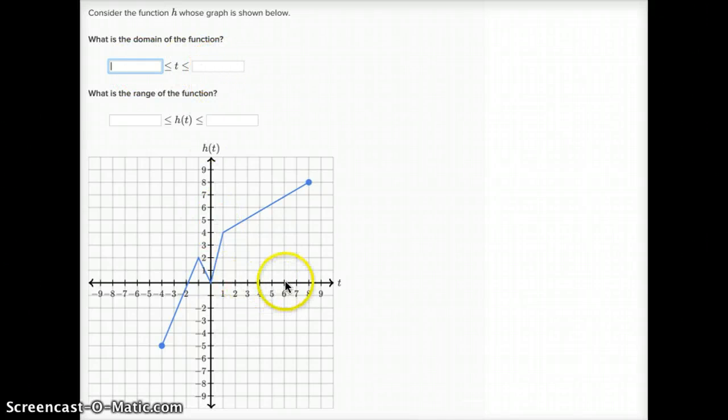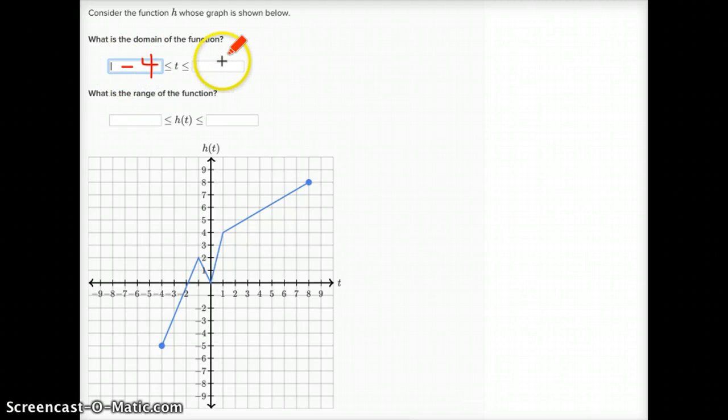So since our x values run along the x-axis, which is here with t from side to side, we're going to look for our furthest most left point. So in this case here, our furthest most left point is -4. There's nothing left of that, so that means that our smallest value here will be -4.